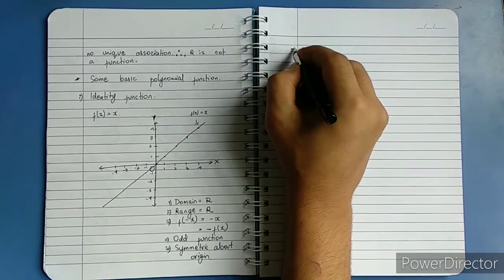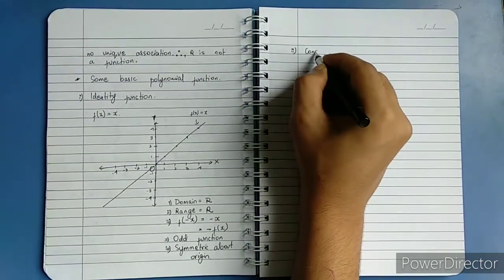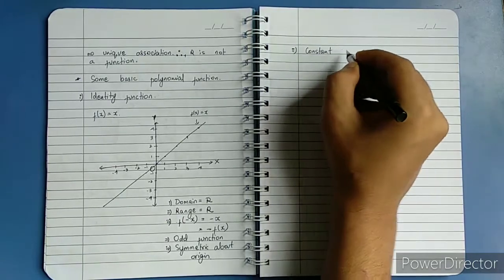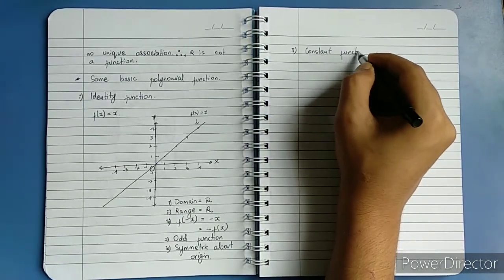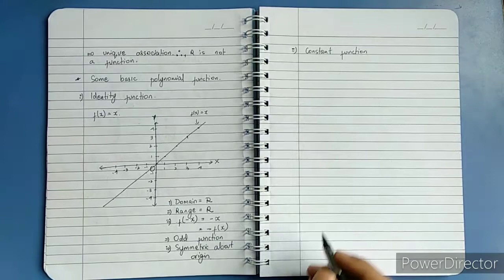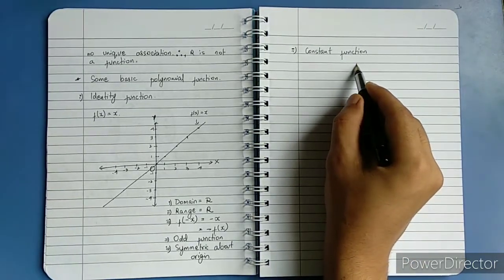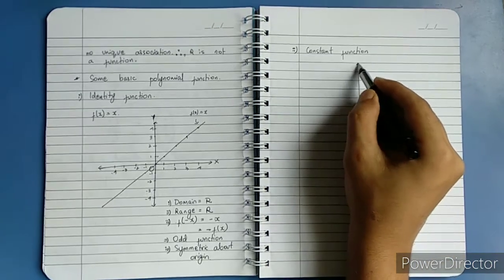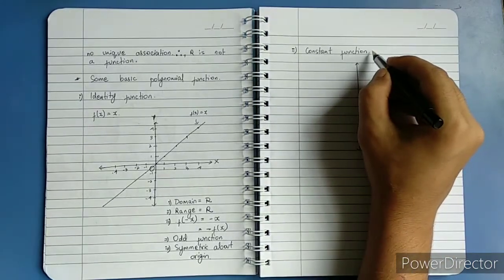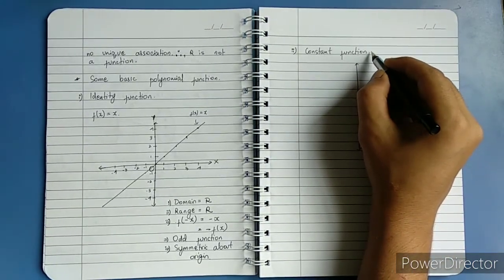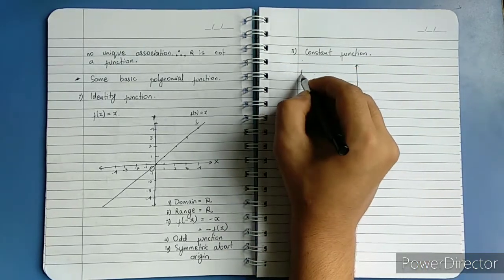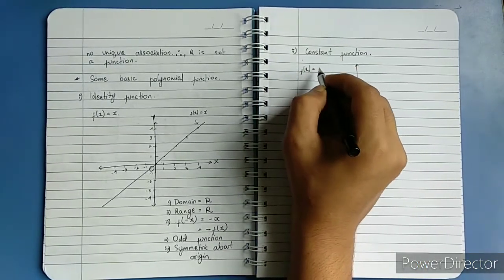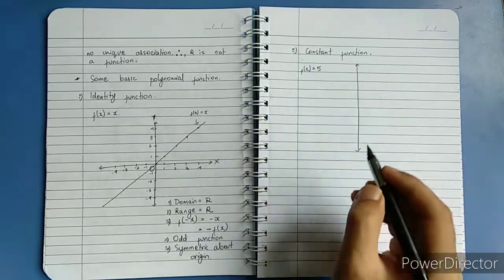Second function is the constant function. So constant function looks like this. Constant function is basically f of x equals any constant value, say 5.